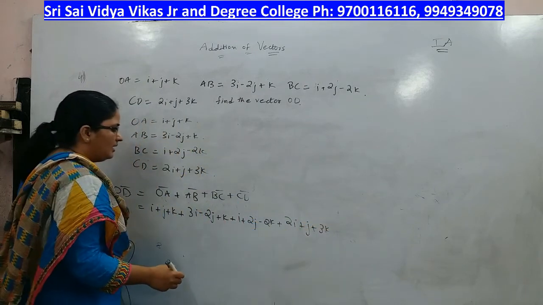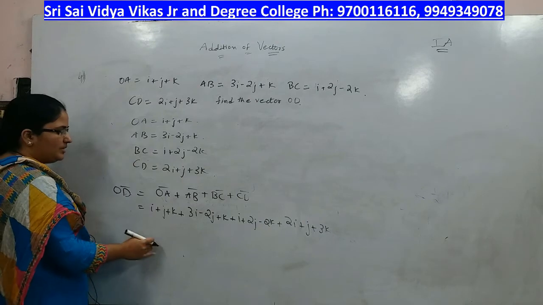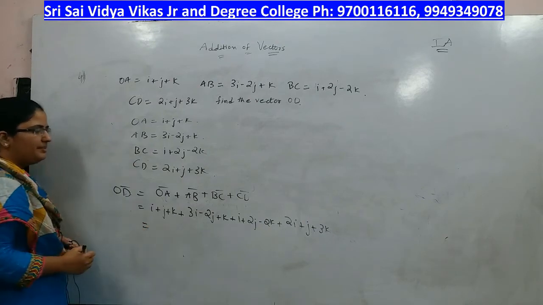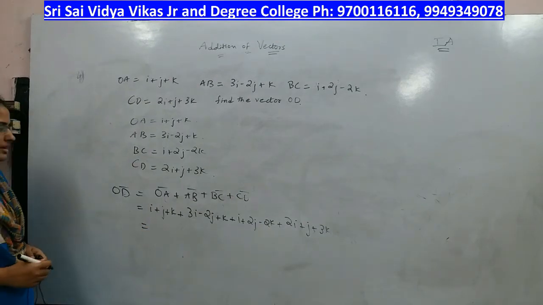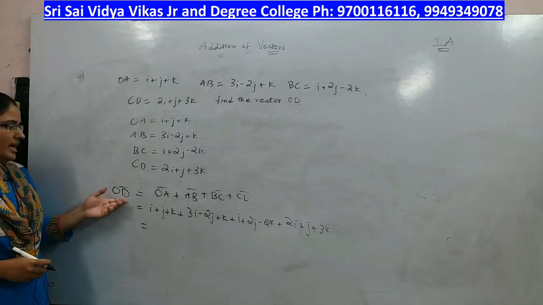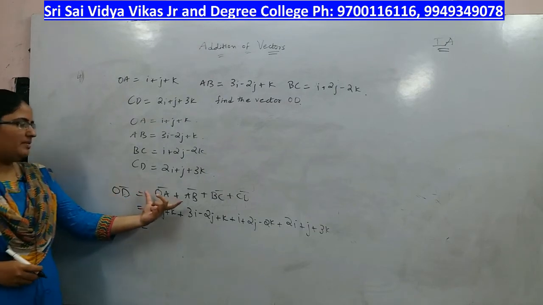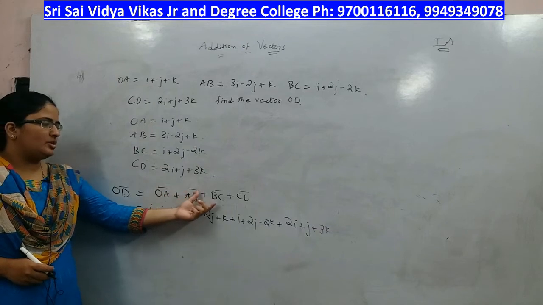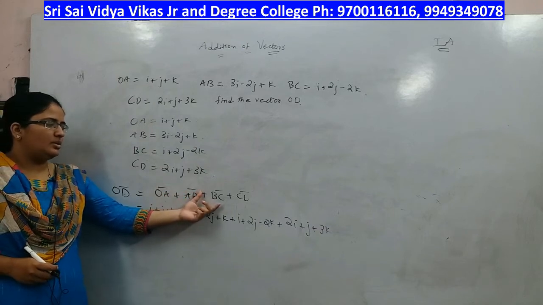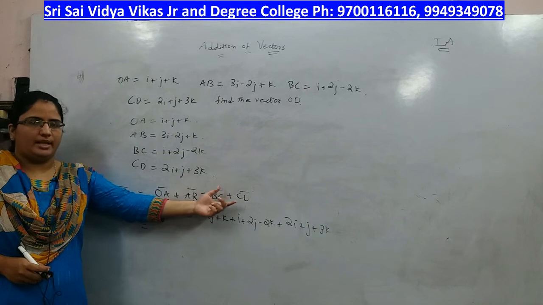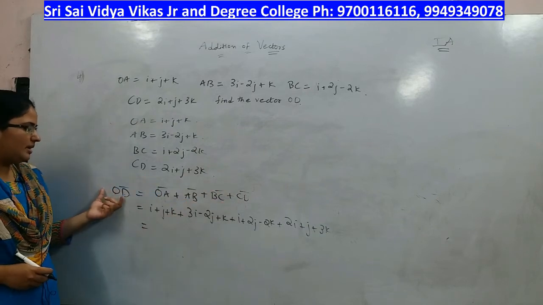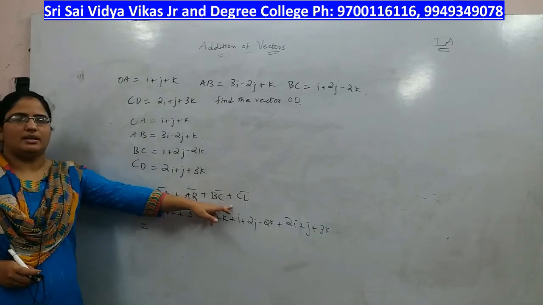You have to add the like terms here, i terms with i terms, j terms with j terms, k terms with k terms. How did you get OD as this? OA plus AB will give you OB, OB plus BC will give you OC, OC plus CD will give you OD.